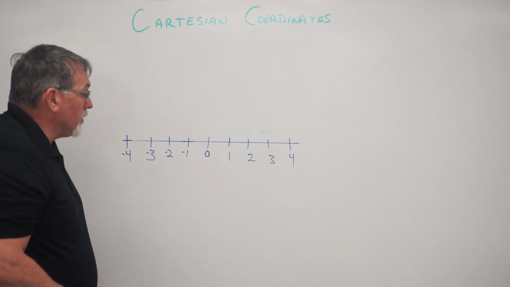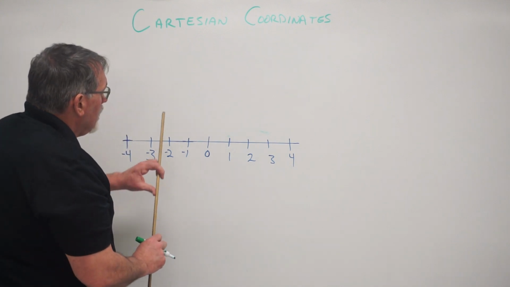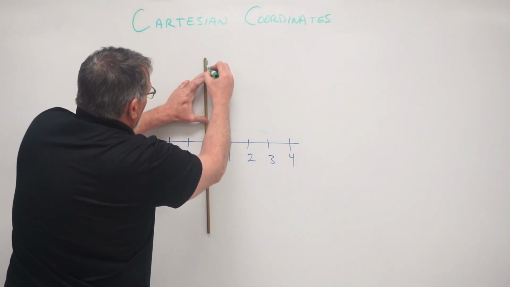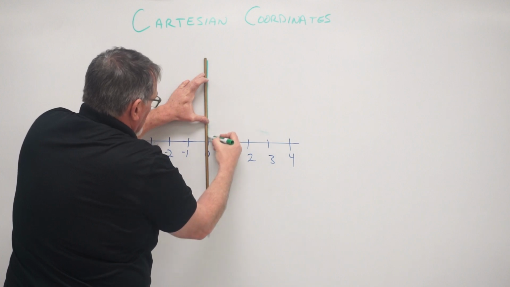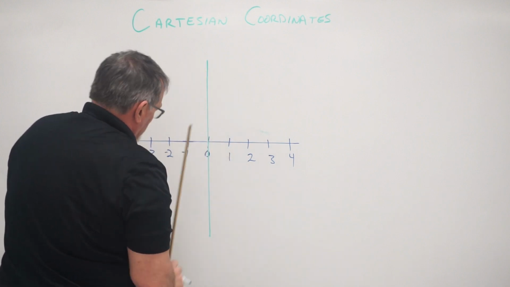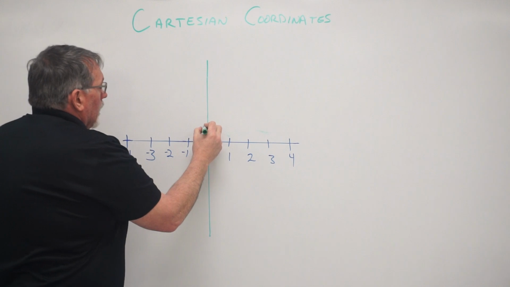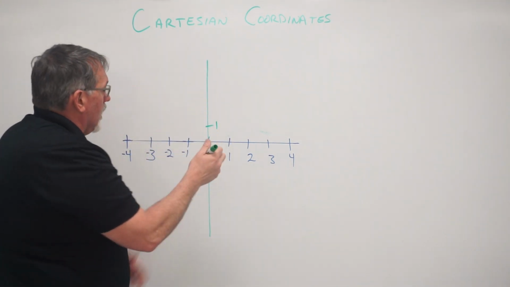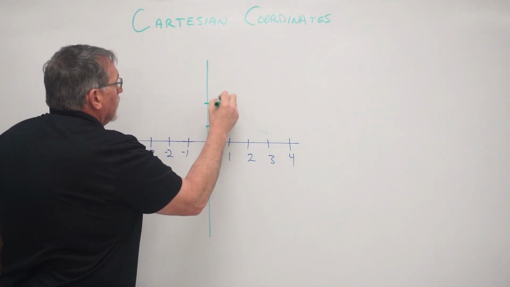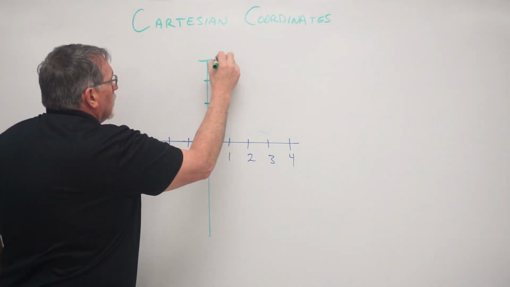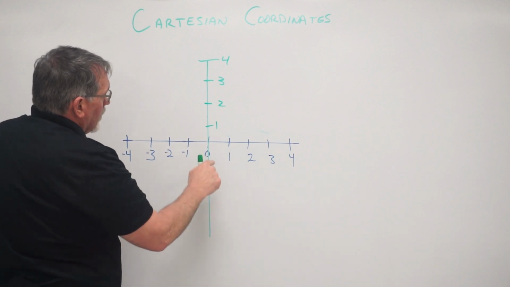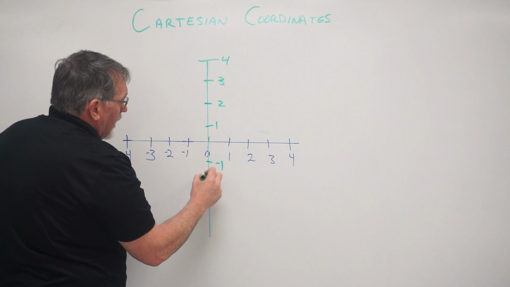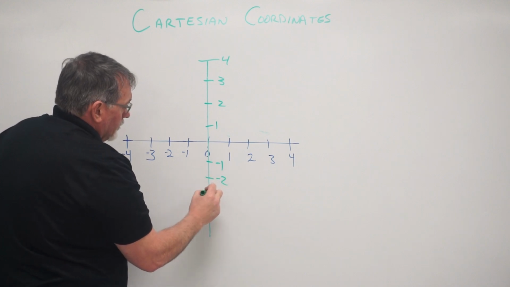So let's add another line to this, which is going to give us another axis of travel. And we'll number this one also. So going up in this line is going to be positive. And then going down in this axis will give us a negative position.